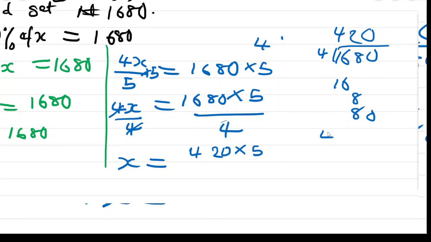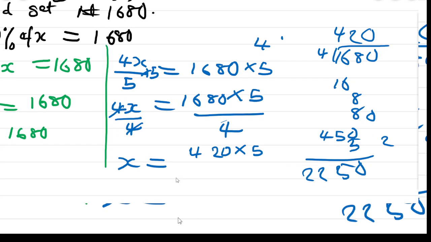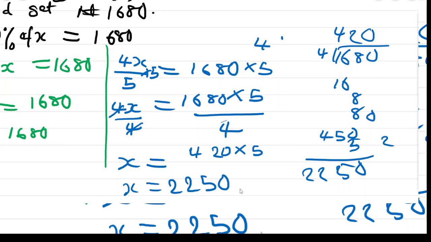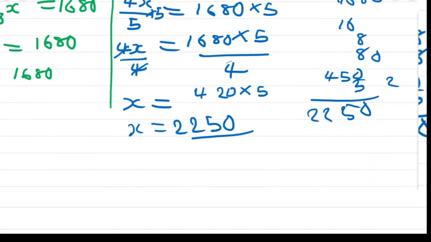So this is 0, 25, 5 carry 2, 22. So x is now 2250. So this amount is the amount he bought the watch that he sold for 1680 and lost 20%.